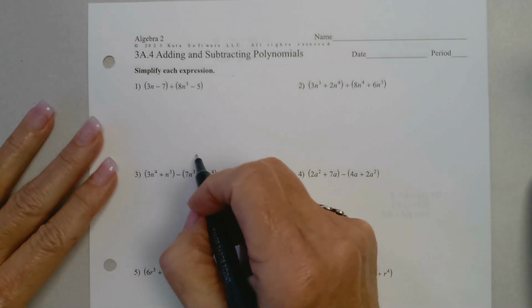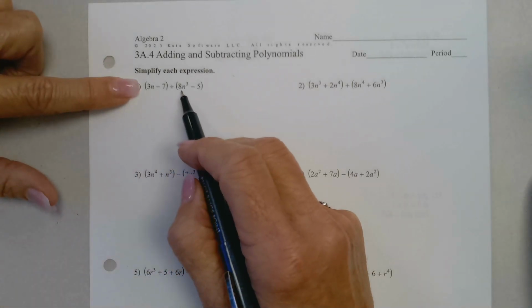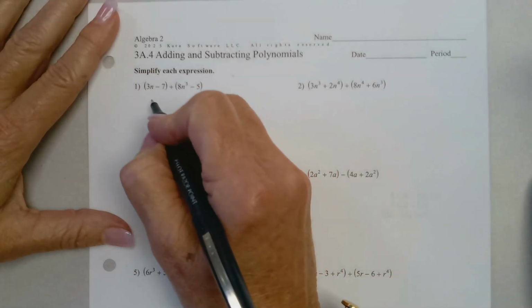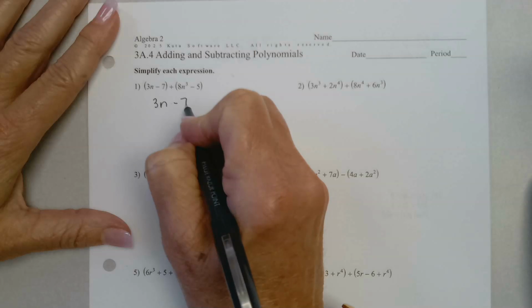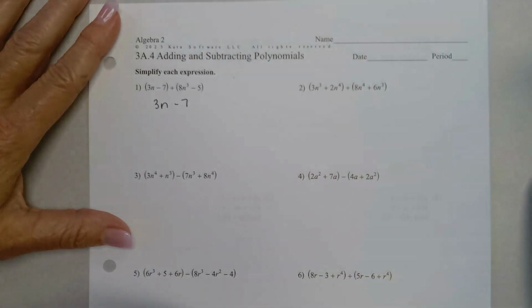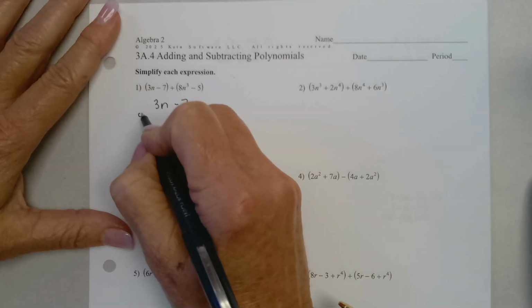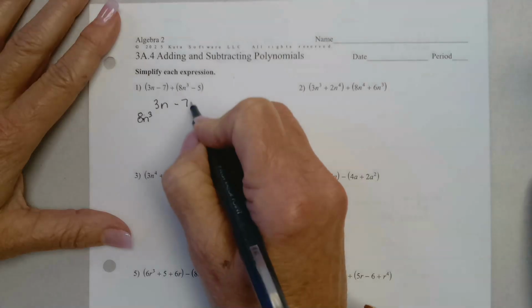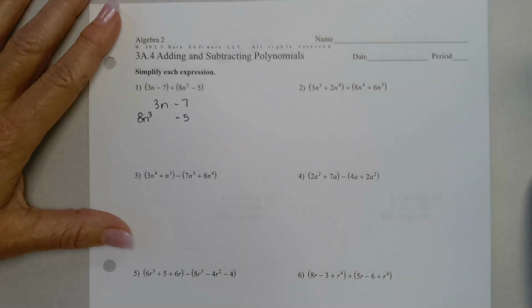So in this example, we've got 3n minus 7 plus 8n to the third minus 5. Well, I have an n to the first power and a constant. It is not the same thing as n to the third. So I have nothing to add n to the third to. I do have something to add the constants to, though.